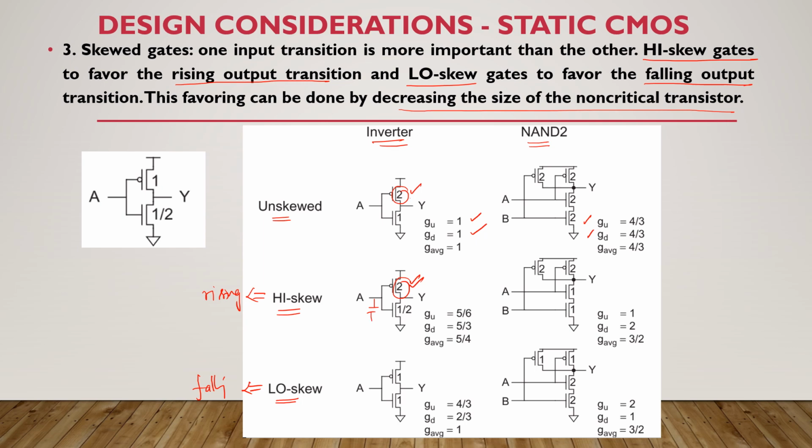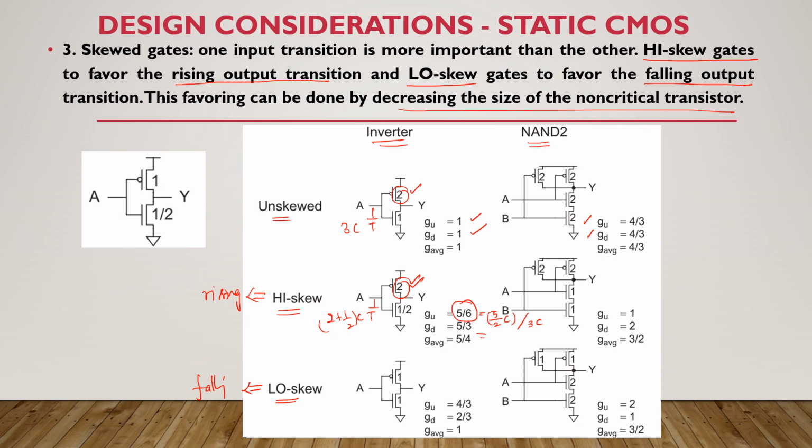Here it is 2, and here it is half. So totally 2 plus 1 by 2 capacitance at the input side, whereas in the unskewed inverter, the capacitance is 3C. So the logical effort for the rising is 2 plus 1 by 2C, which is nothing but 5 by 2C, divided by 3C. So 5 by 2C divided by 3C becomes 5 by 6.